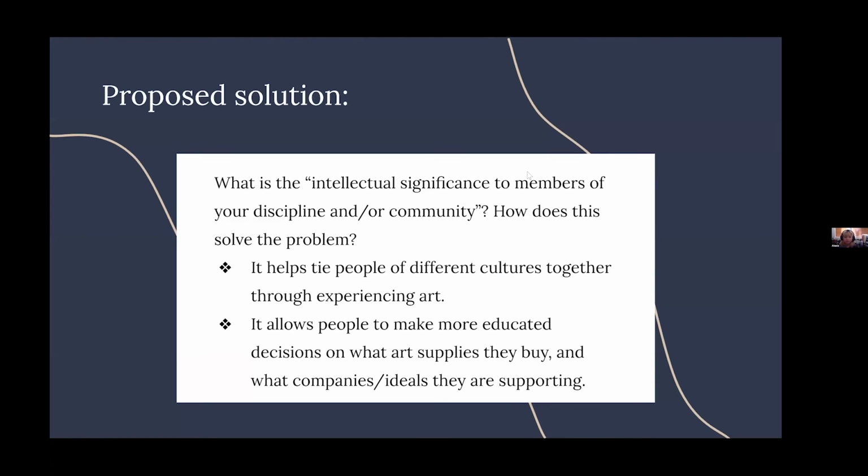My proposed solution is that knowing where pigments derive from, how it influences the mediums that different cultures use, and how it has influenced different types of artworks, I believe it helps tie people of different cultures together through experiencing art, and that it allows people to be more aware of the kind of mediums that they purchase.